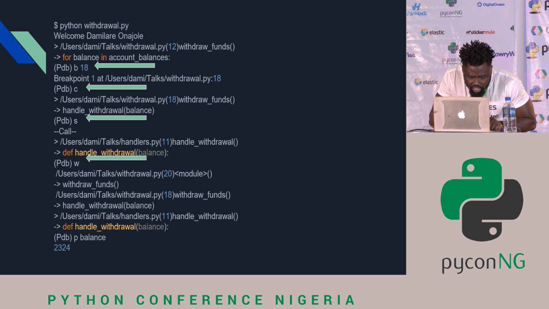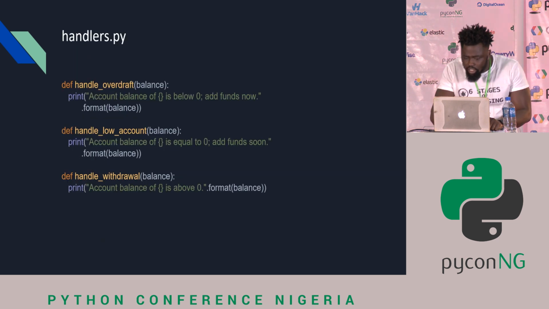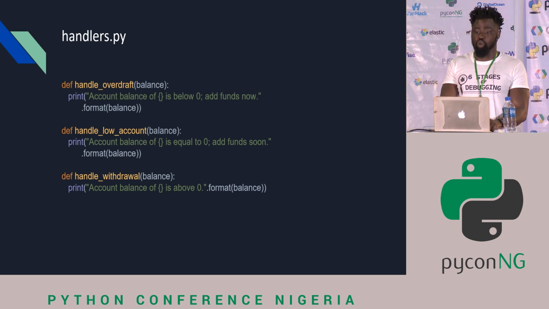So when you press s, you get into the undo withdraw function, and there you run p. p is a shortcut for print. You do p balance, and you can see the balance in the current function, which is an argument that you're trying to run an expression on, right?